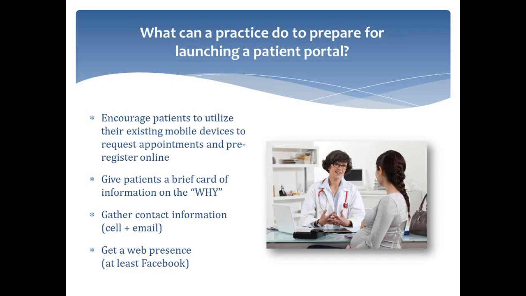And then the other thing is, as we've put on here, it's very important to start gathering cell phone information, which a lot of practices are doing. I think where we're still a little bit behind is in getting the patient's email address as well. Those are two important pieces of information that can be collected now.